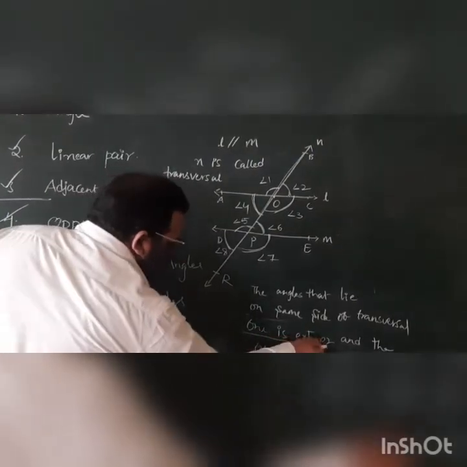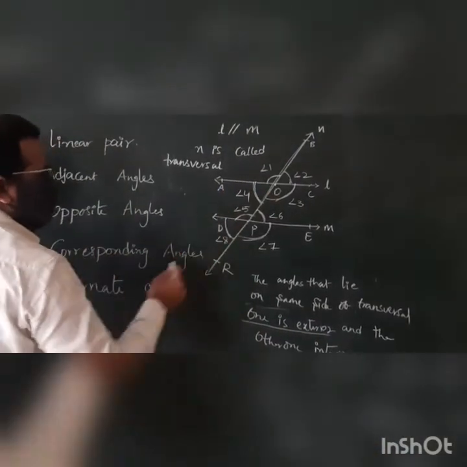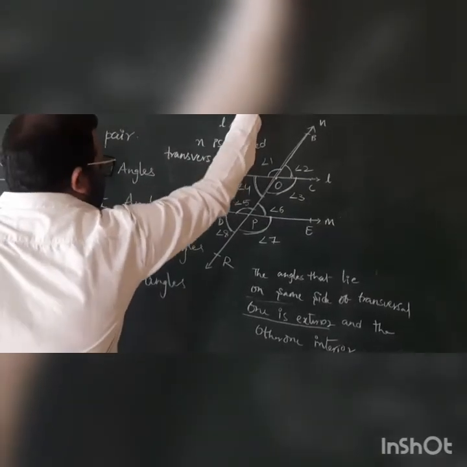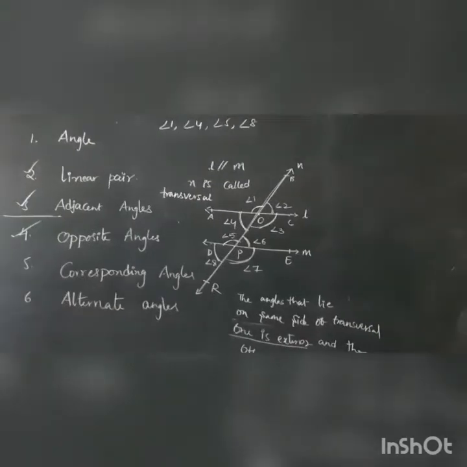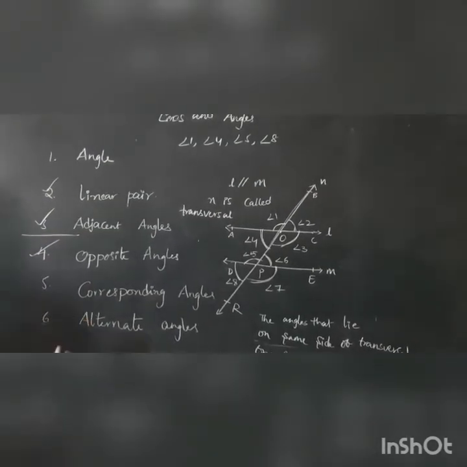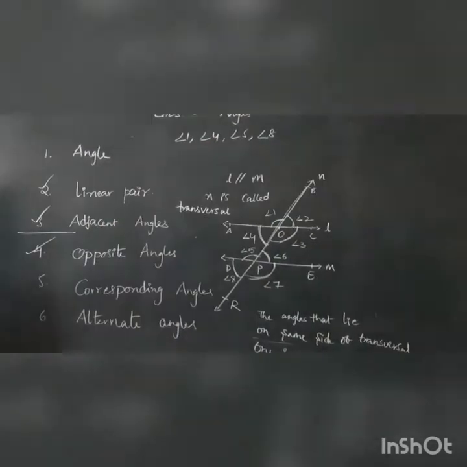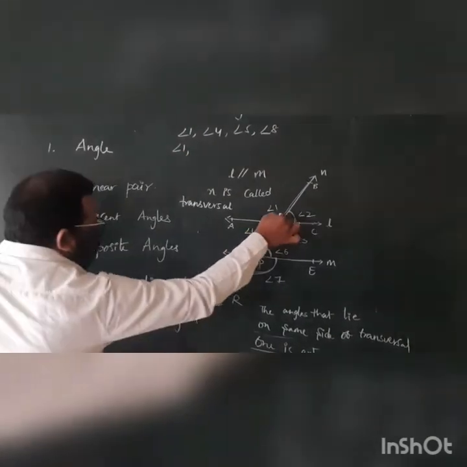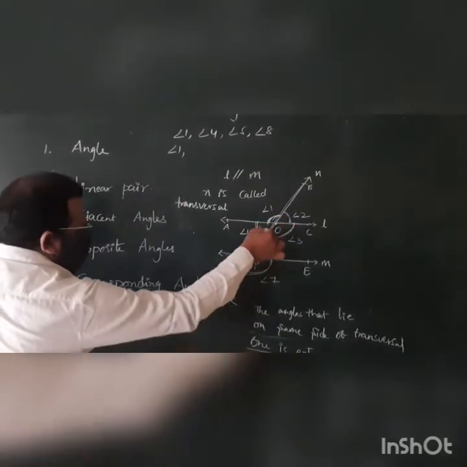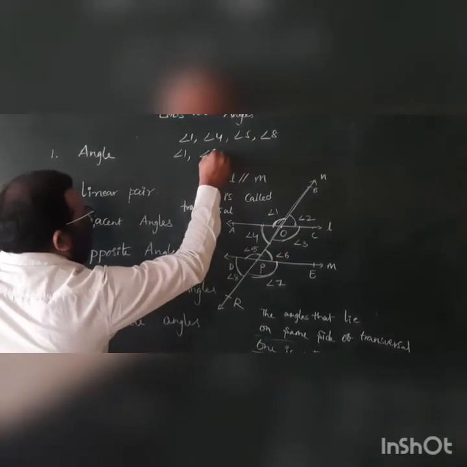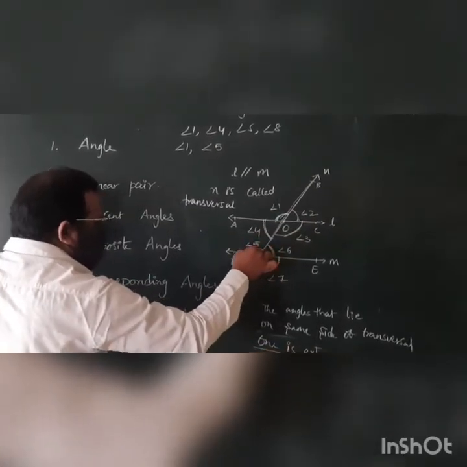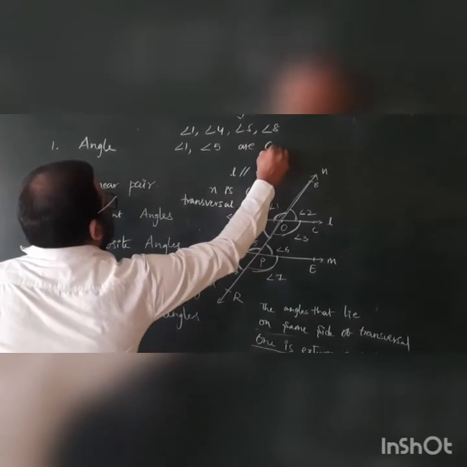Now, which are exterior in this? You can see angle 1 is exterior and the other interior angle is what? Angle 5. This is interior. Angle 1 and angle 5 are corresponding angles.